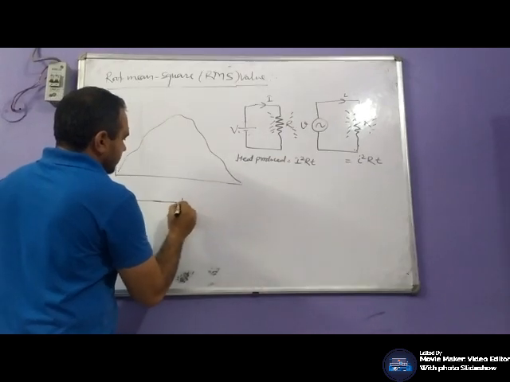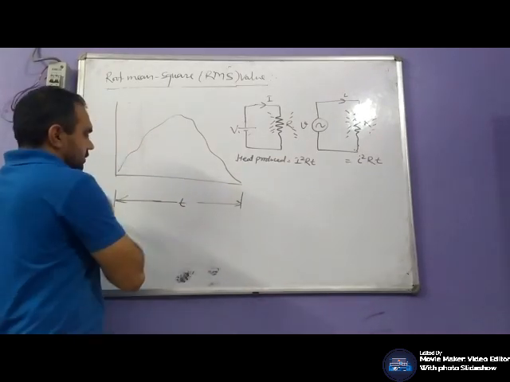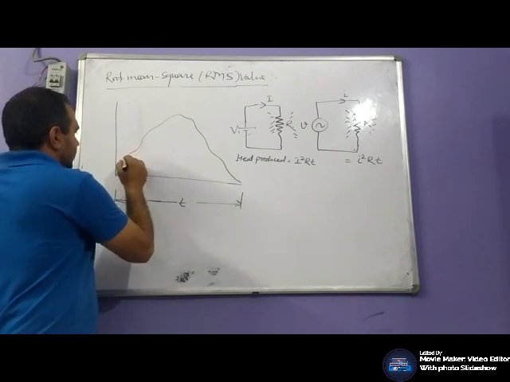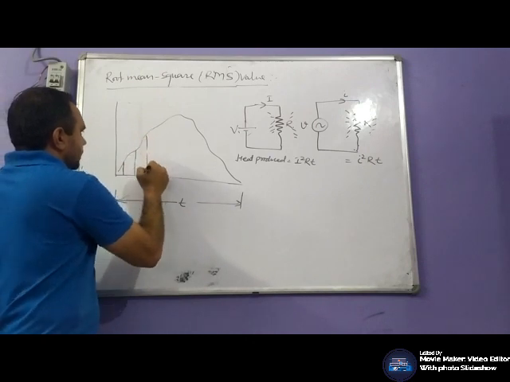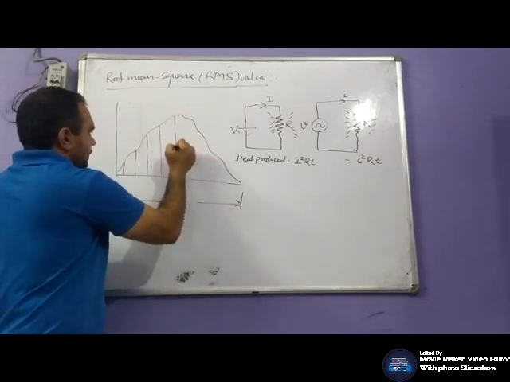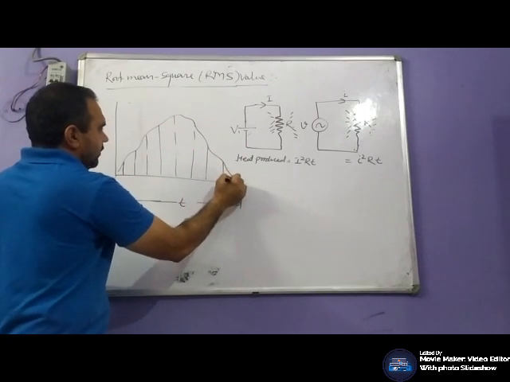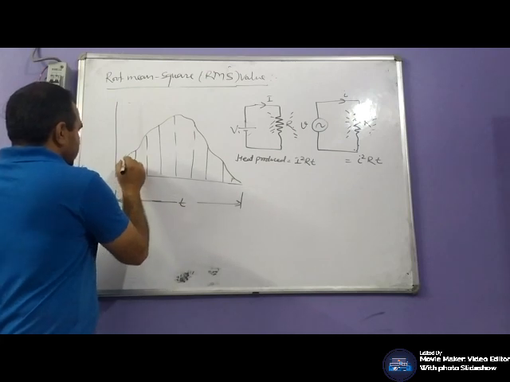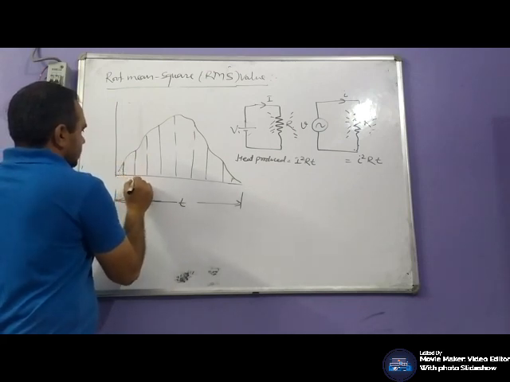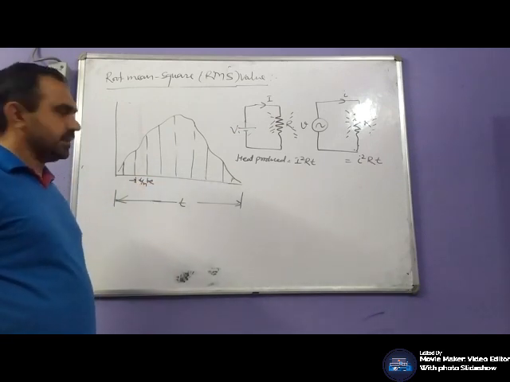Let the time period of this wave be T. Let us divide this wave shape into n equal parts, each having an equal time duration of T by n.